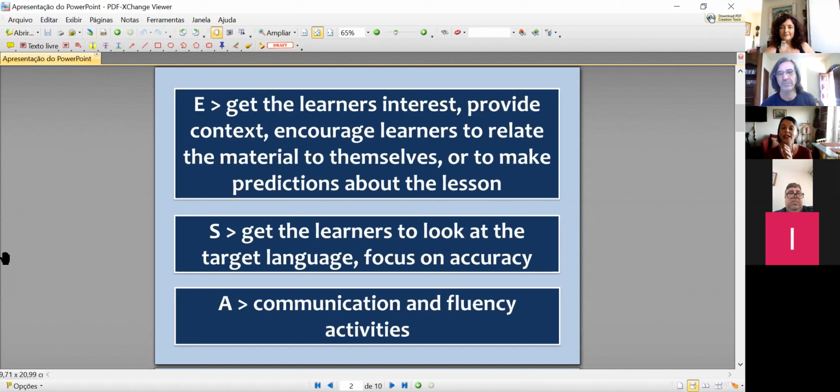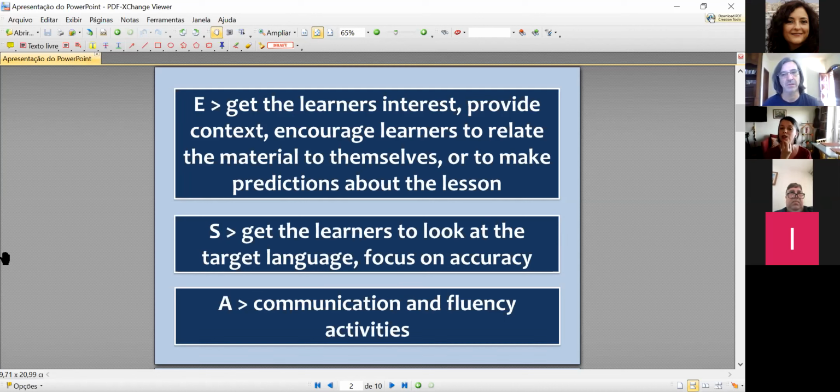And then this way you get them to be engaged, to be motivated to the lesson, to the content. Then you have the study, in which you get the learners to look at the target language, focus on accuracy. So you're going to talk about specific things, about specific vocabulary or specific language structure.